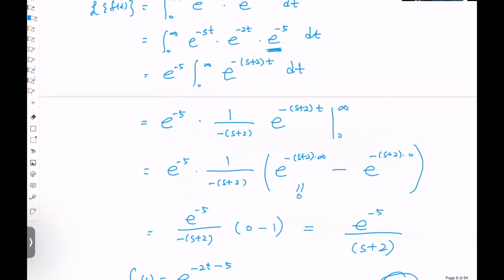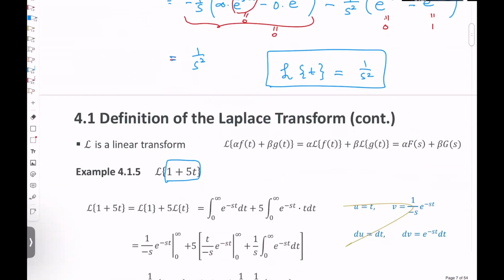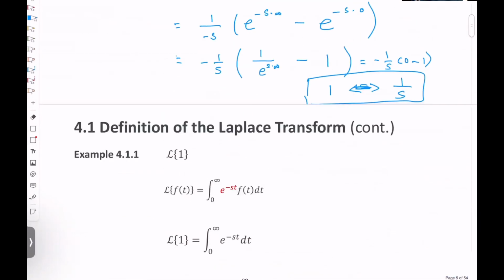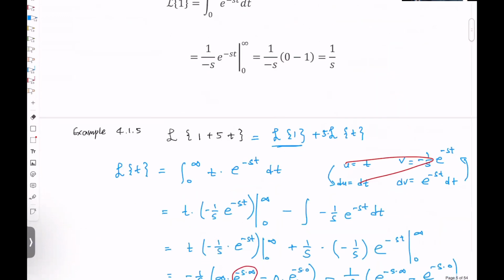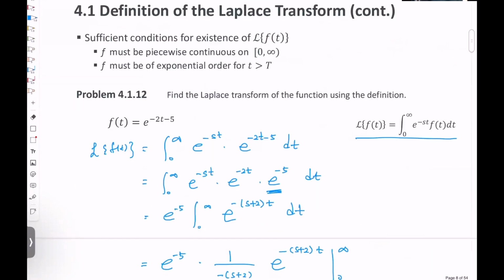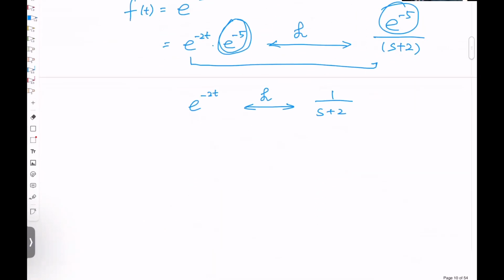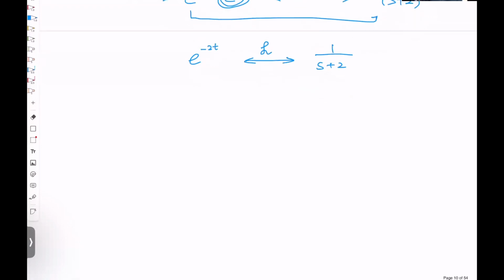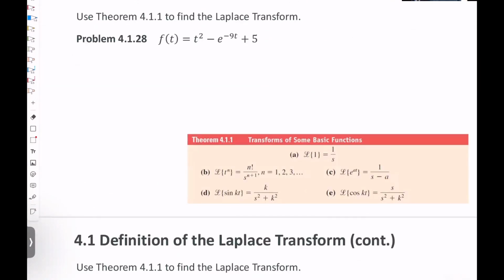Now, just like I showed you from the first one, Laplace transform of 1 equals 1 over s. If you have a Laplace transform of t, we're going to have 1 over s squared. If you have a Laplace transform of e to the negative 2t, 1 over s plus 2. I gave you this table. If you look at a handout equation sheet, you should be able to see the Laplace transform pairs. 1 to 1 over s, t to the power of n to n factorial over s to the power of n plus 1.